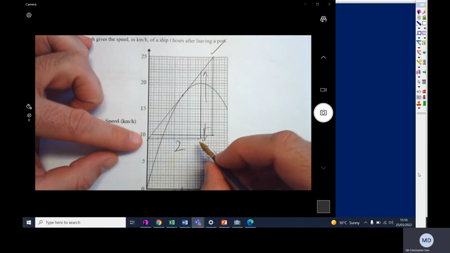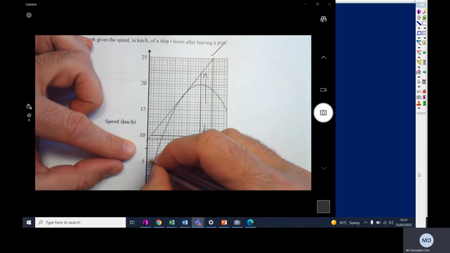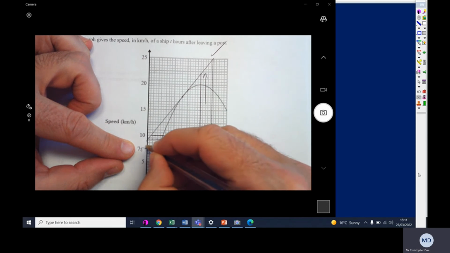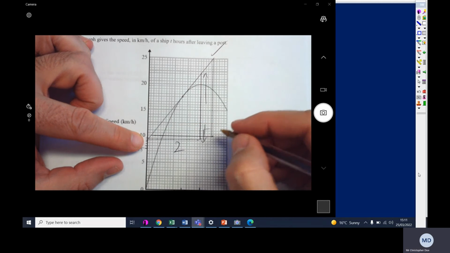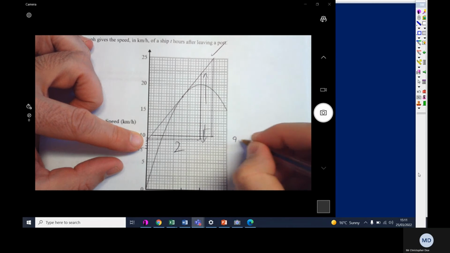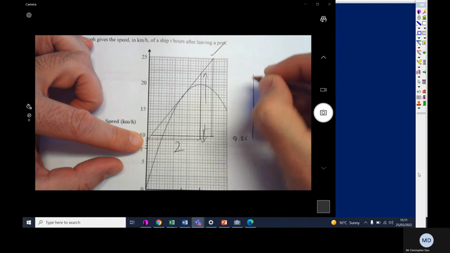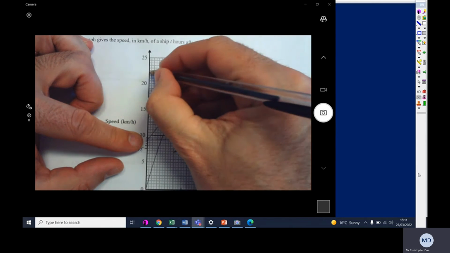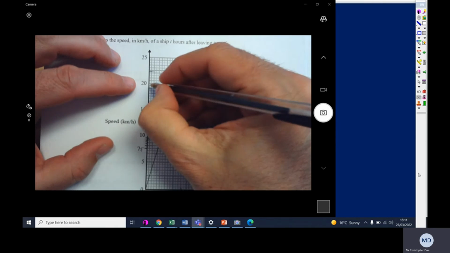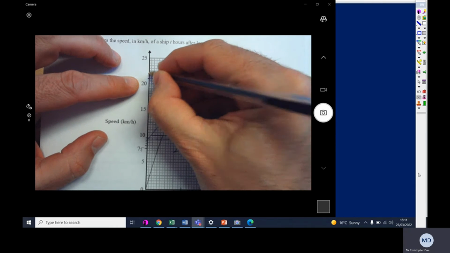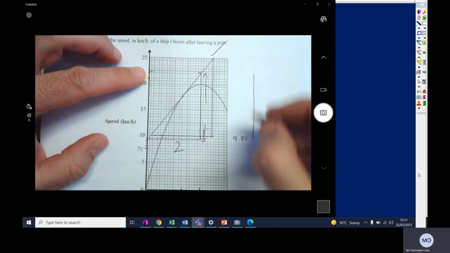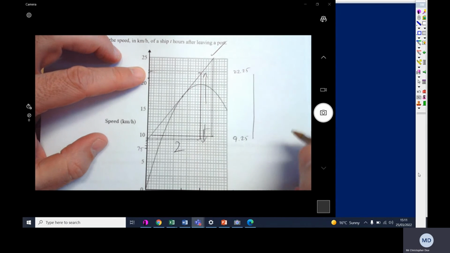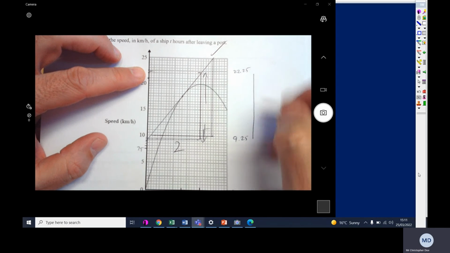This is where I've got to be careful: 7.5, 8, 8.5. So I'm going from 9.25 up to there. Just take care with this. 20, 21, 22, 22.25. So for me, that is 13 going up there.